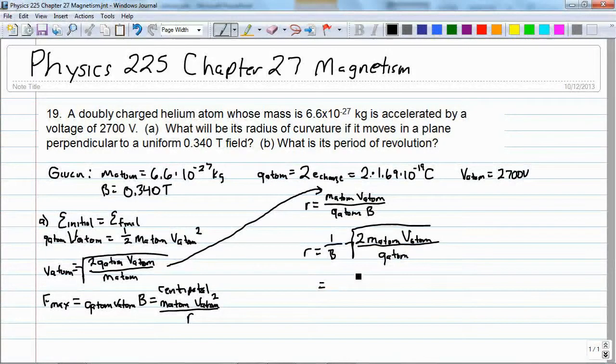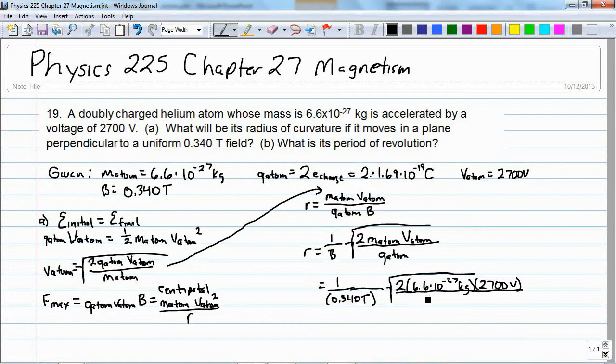And if I insert my values and evaluate that, our radius is going to equal approximately 0.031 meters, or about 3.1 centimeters.